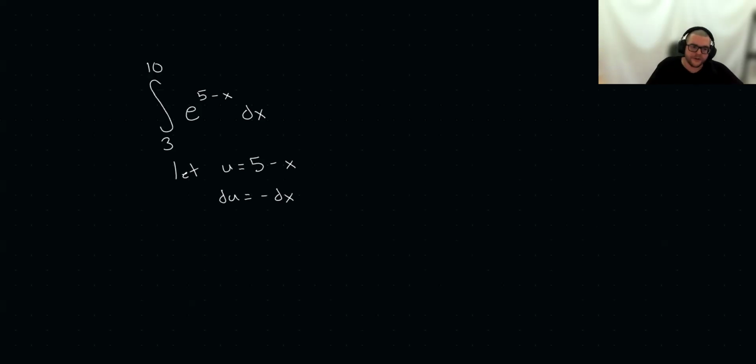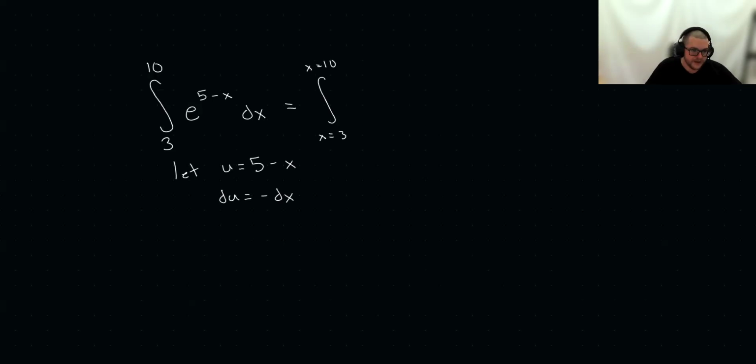Although there's kind of two options, really. You either keep the bounds the same and you should write x equals 3 and x equals 10 to really make it clear that you're not changing the bounds. And then later on, you're going to undo your substitution. So you have x's again, and then you'll evaluate with those x values.